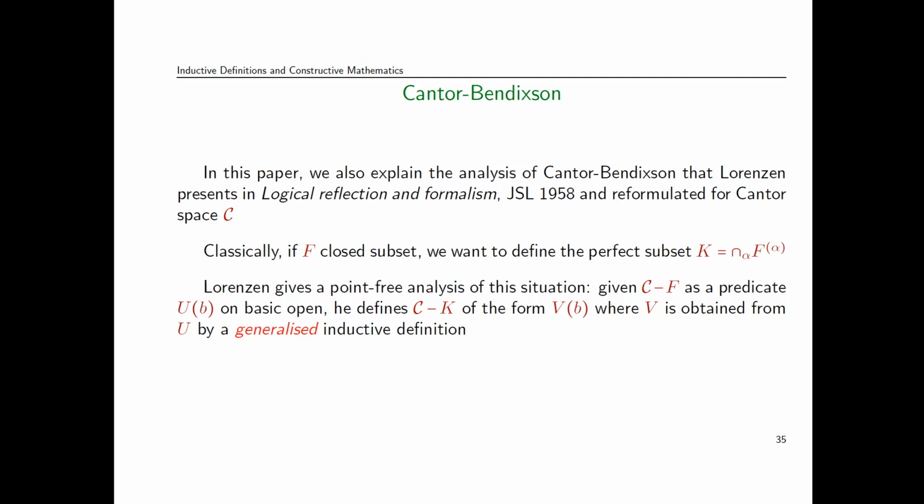Can we do this in a purely inductive way? The fundamental insight of Martin-Löf was to look, instead of at closed subsets, at open subsets of Cantor space, which we saw how to deal with. So can we define the open subset associated to K given the open subset associated to A? And Martin-Löf was able to do this.